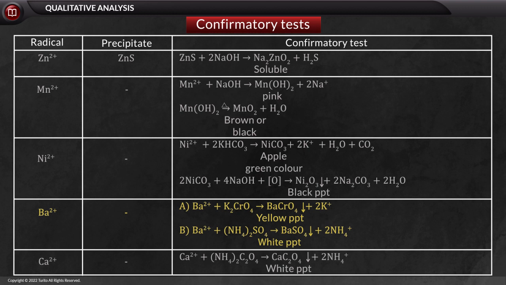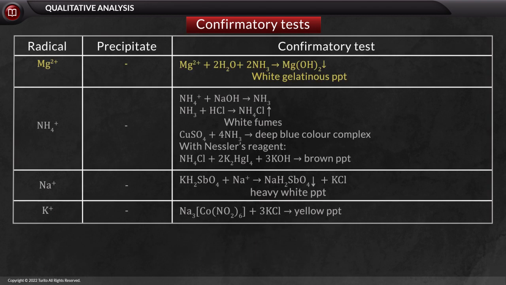While barium compound forms two different PPT with potassium chromate and ammonium sulfate. Next is calcium, which with ammonium oxalate gives white PPT of calcium oxalate. Magnesium compound, when dissolved in the ammonia aqueous solution, forms a white gelatinous precipitate of magnesium hydroxide.